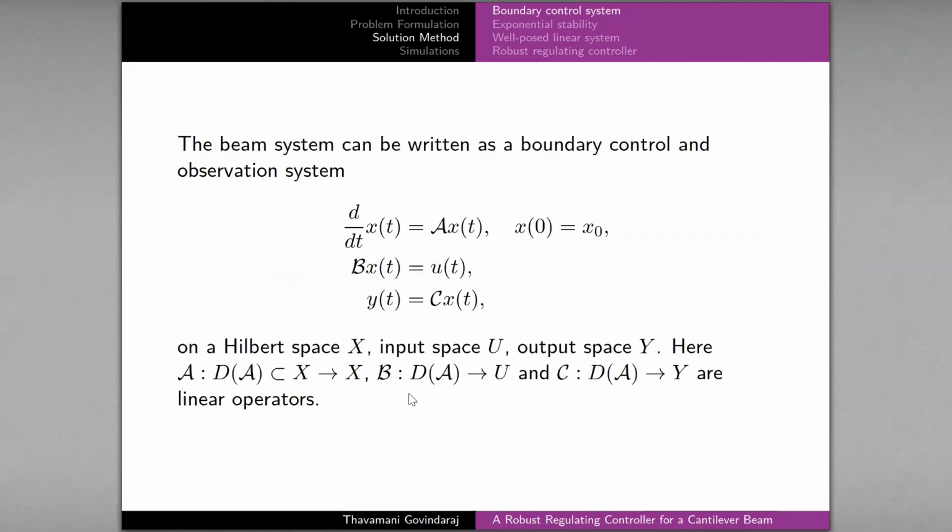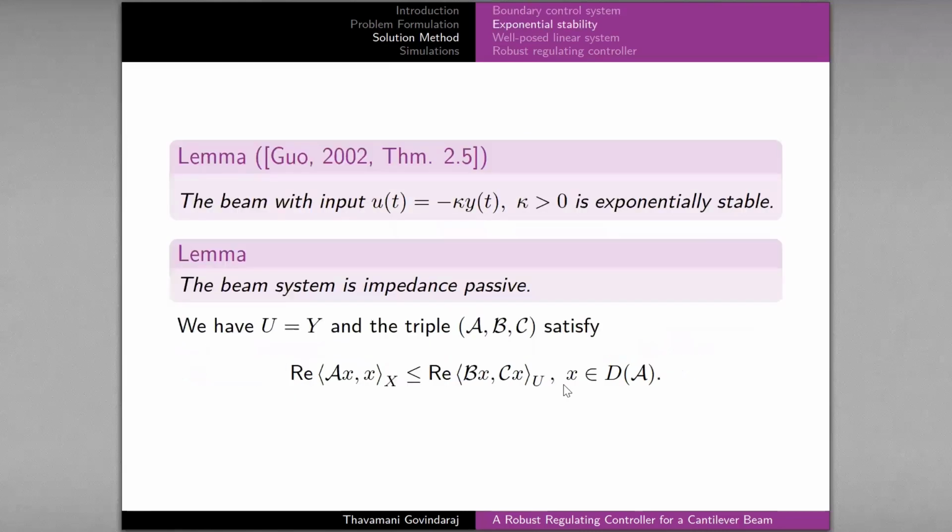The beam system can be written as a boundary control and observation system in the form given by these equations on a Hilbert space X, input space U, and output space Y. Here, calligraphic A, calligraphic B, and calligraphic C are linear operators. To show the exponential stabilizability of the beam system, we use directly a result from Guo.